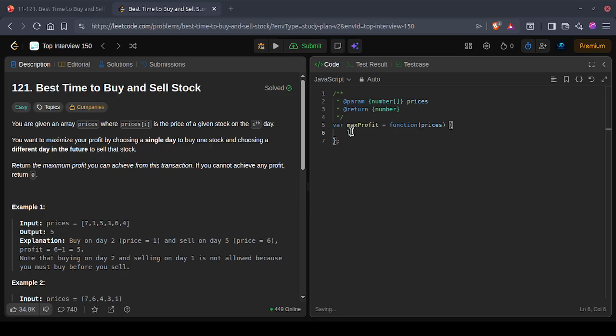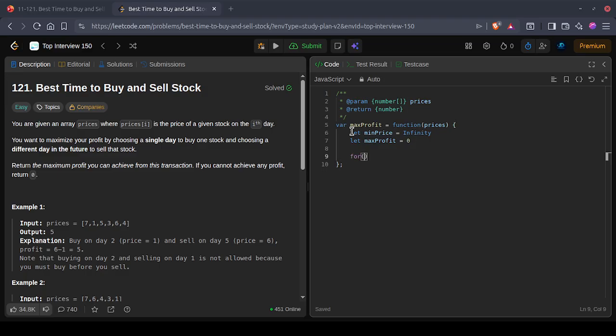So here let minimum price equal infinity. Let maximum profit equal 0. Here minimum price starts very large, so any price will be smaller.